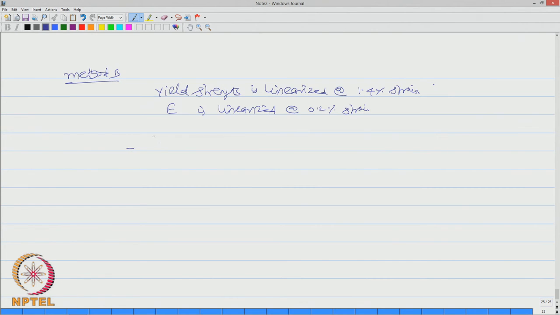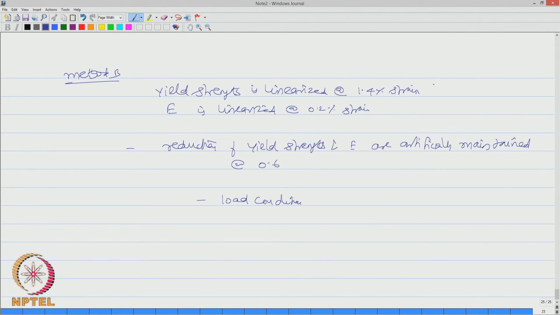So, reduction of yield strength and Young's modulus are artificially maintained at 0.6, so that the load condition that governs the design will not be affected.